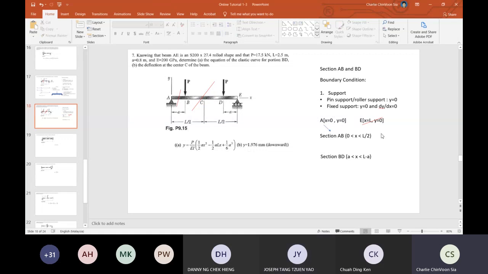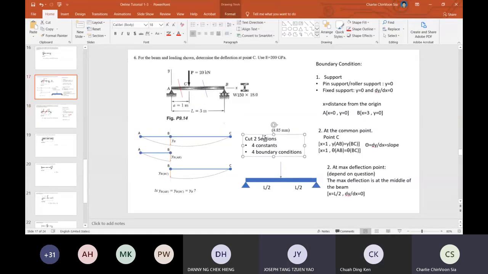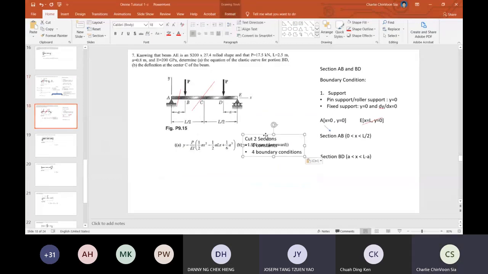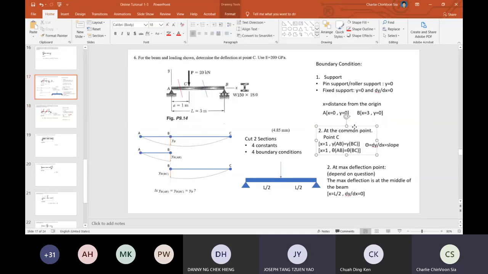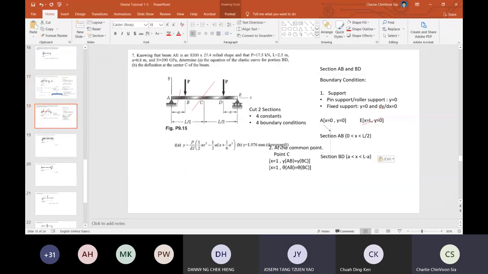Okay, so now we only have one boundary condition at point A. If we cut two sections, as I mentioned here, two sections, 4 boundary conditions, right? So now we only have one. So in this case, we need to consider the common point. The common point is at point B. If you look at here, section AB, BD, B appears twice, right?